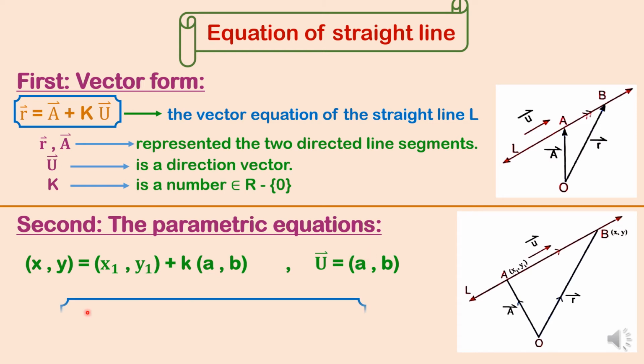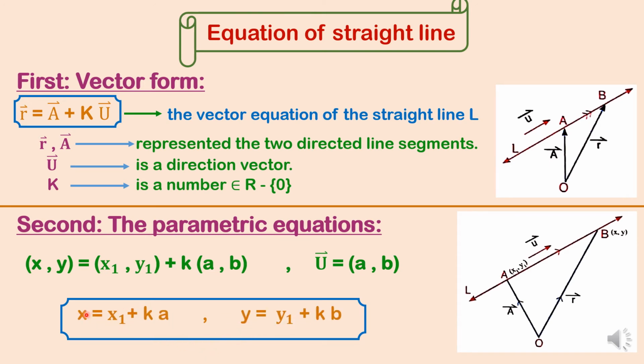Then the parametric equations: x equals x1 plus ka, and y equals y1 plus kb.